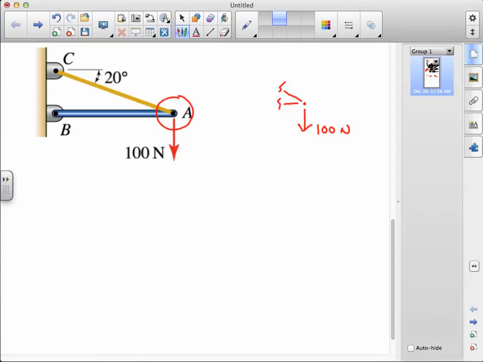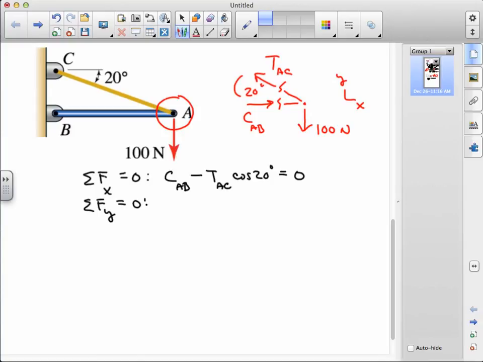The cable at AC has to be in tension, so I'm going to represent it that way. And then it will turn out that the bar AB will be in compression, so I'm going to represent it that way.